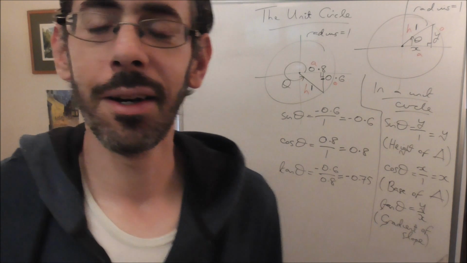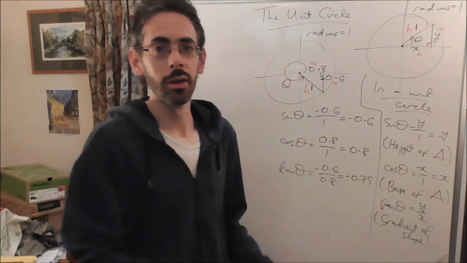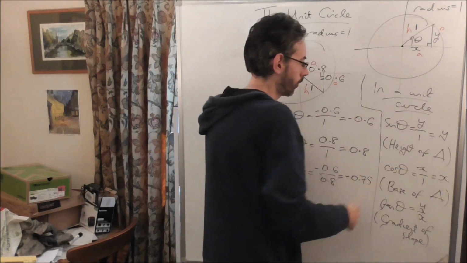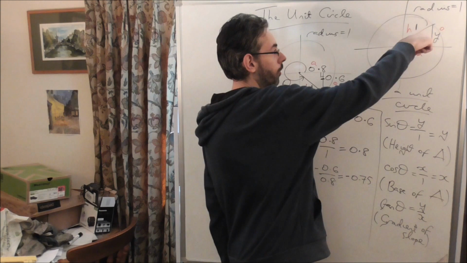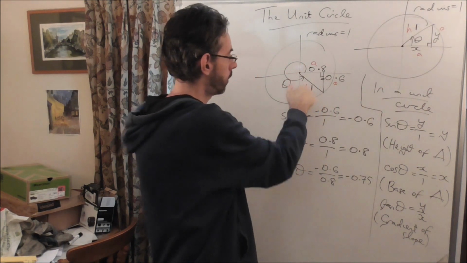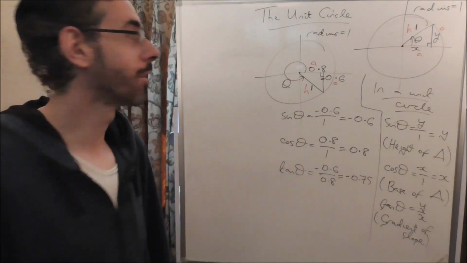So if you draw the angle inside a circle of radius 1, inside a unit circle, you get these nice geometrical representations for sine, cos and tan. Sine theta will be the height of the triangle. It'll be positive if it's going up, negative if it's going down, like it was here. Cos theta will be the base length of the triangle.